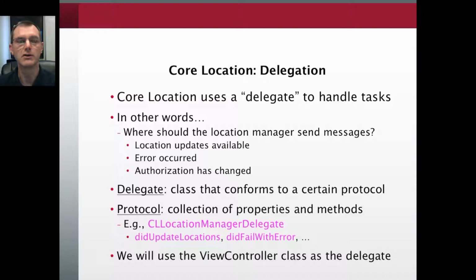In other words, where are those methods going to be defined? In our case, since our app is fairly simple, we're going to make our view controller class also adhere to this protocol. And so we'll define the methods within our view controller class. Then when we tell the location manager that our view controller class is our delegate, any messages from the location services will be sent to our view controller class.